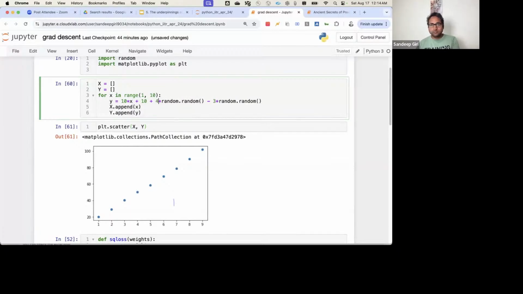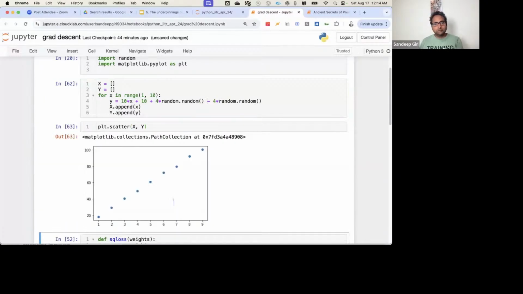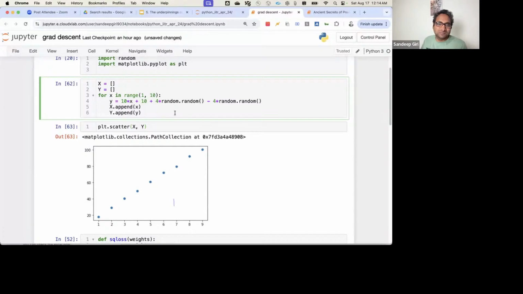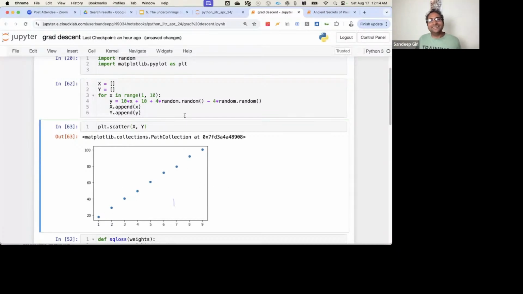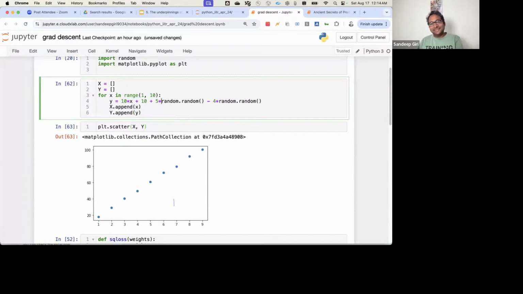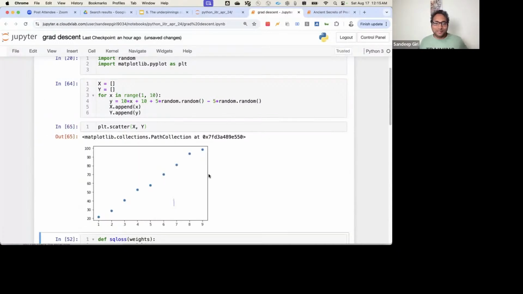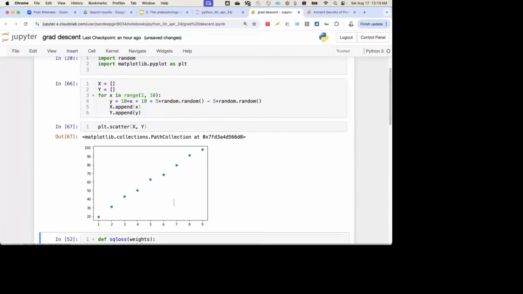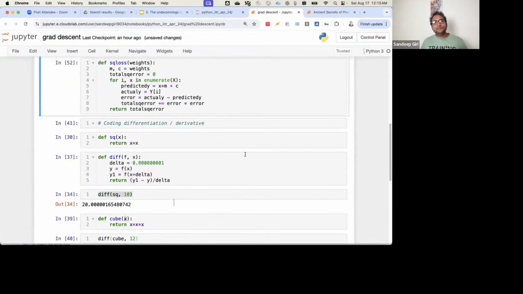Doesn't it look really strange? What's the problem with this data set, Sandeep? Why are we changing it? It just looks too nice. I want it to be a little more random. This is way better. That's the only problem I'm having. Yeah, this is okay.